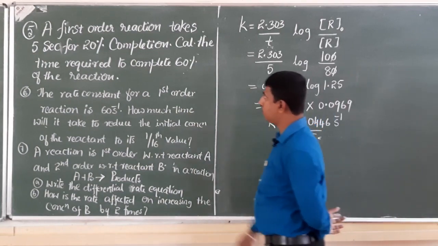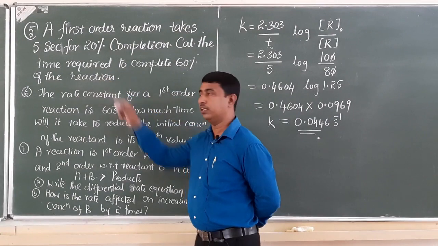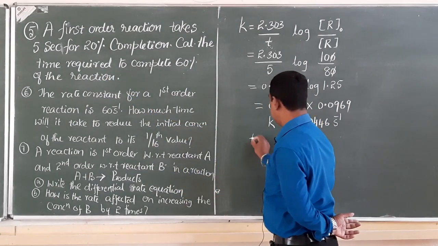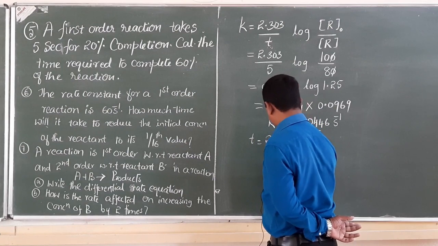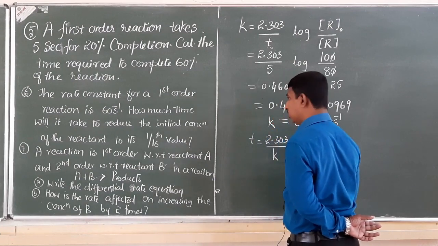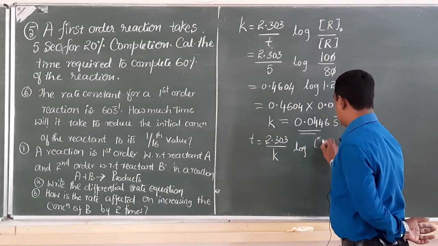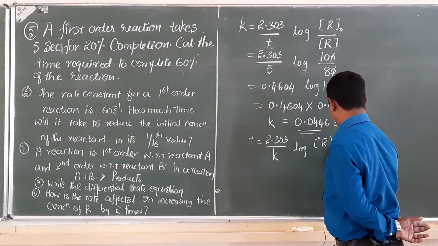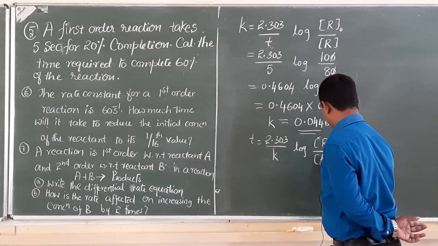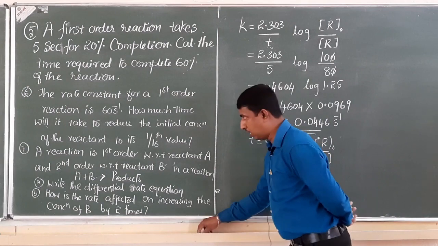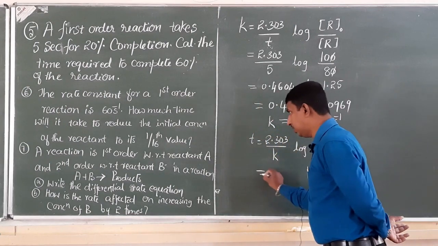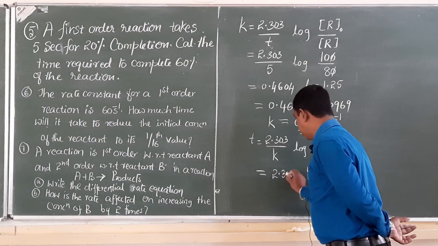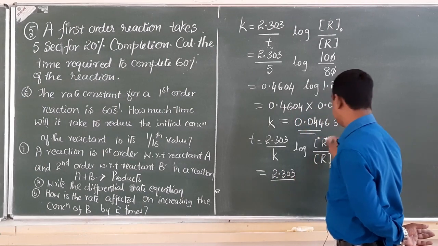Next we have to calculate the value of time T. So what is the formula? T is equal to 2.303 by K log R naught by R. Substitute the values. So it is equal to 2.303 by K. What is the value of K?